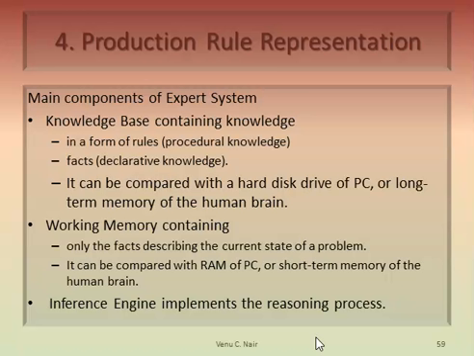So it can be considered as a subset of the knowledge base. The current state can be compared with the RAM of a PC, or our short-term memory. Anything that has to be processed is first brought into this area for working purposes.